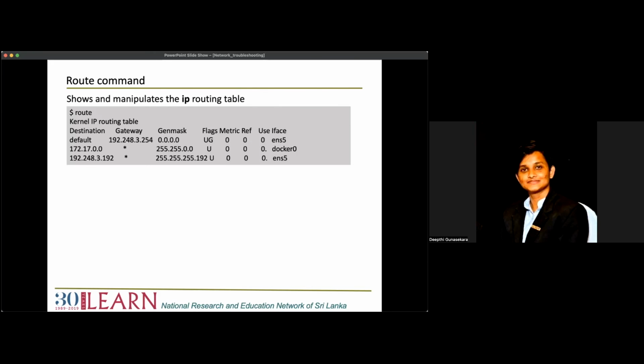And then the route command, which shows and manipulates the IP routing table. If you are using a machine in your institute, just type the route command and see, then you can see the rows in the IP table on your machine.